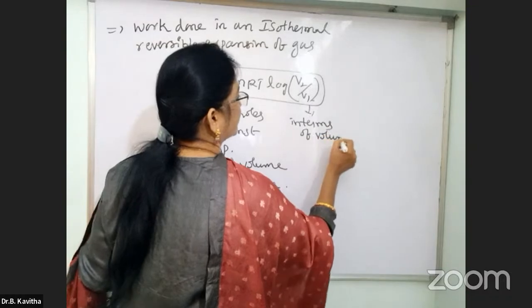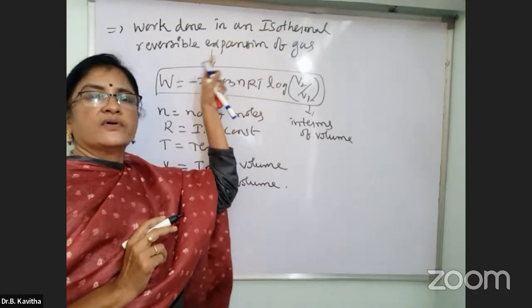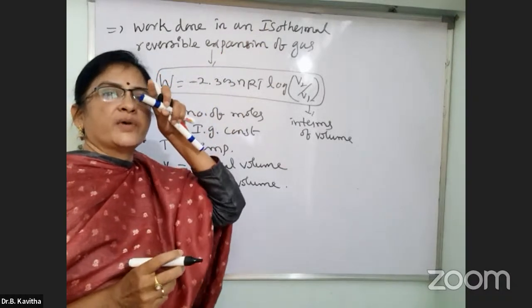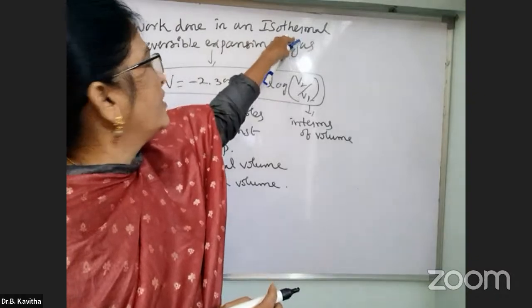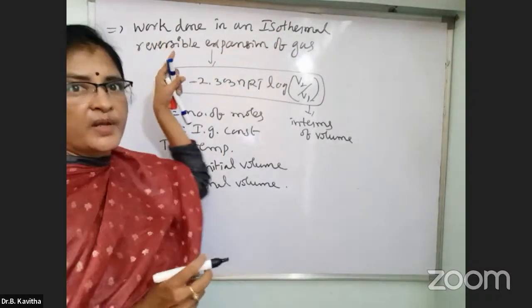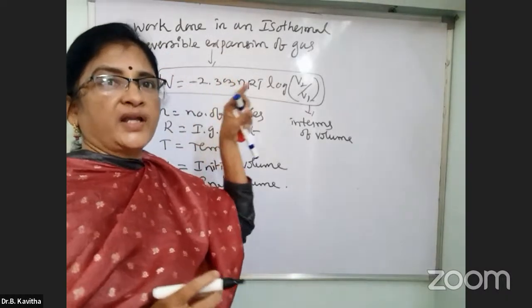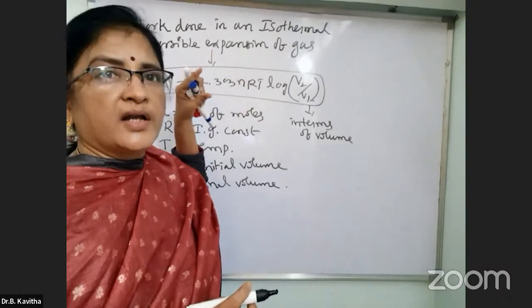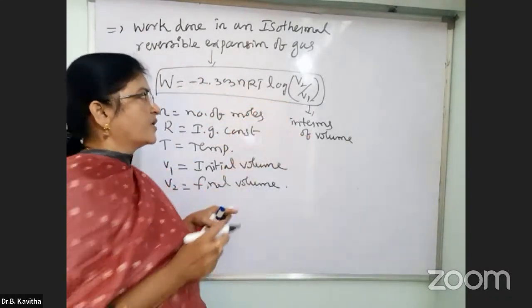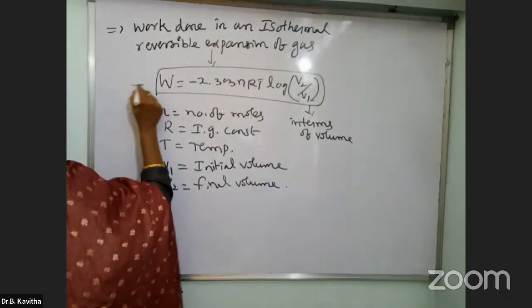You know all these in Telugu also. When an ideal gas expands reversibly in an isothermal process, Telugu medium students listen, the equation for the work done in that expansion has already been derived. That equation I wrote here. That's it. So in terms of volume, you can write this equation in terms of pressure also. This is the first equation.